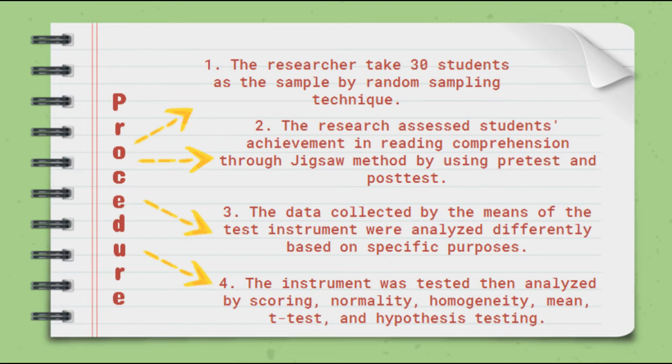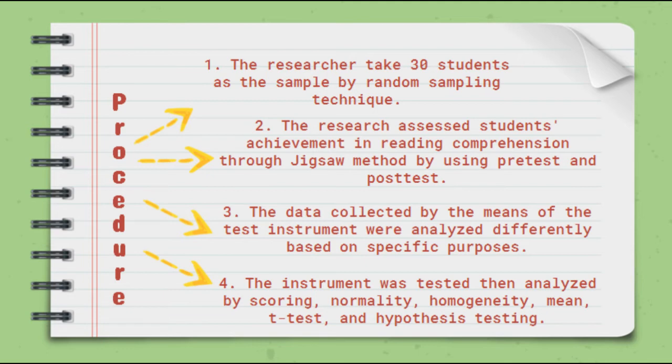In obtaining the data, the researcher used a test instrument. The researcher also administered 2 tests: a pre-test and a post-test. The pre-test is given before the treatment, and the post-test is given after the treatment of the jigsaw method.